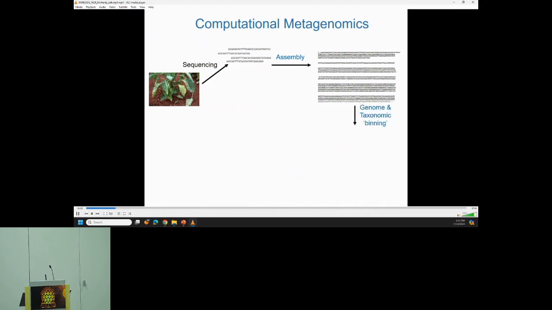Because these contigs can originate from any member in the community, there's a special class of algorithms that has been developed for the metagenomics field, which are the genome or taxonomic binning tools. And these, as their names say, group those contig sequence fragments into bins, which are denoted here by the colors, that ideally reflect individual genomes, but they can also be higher level taxonomic groupings.